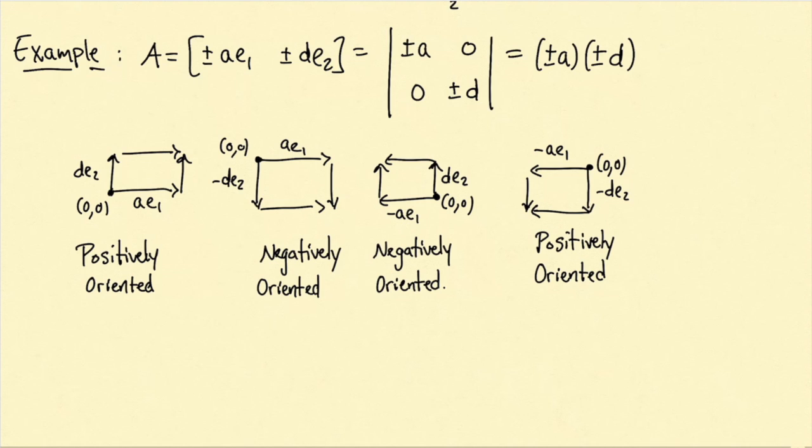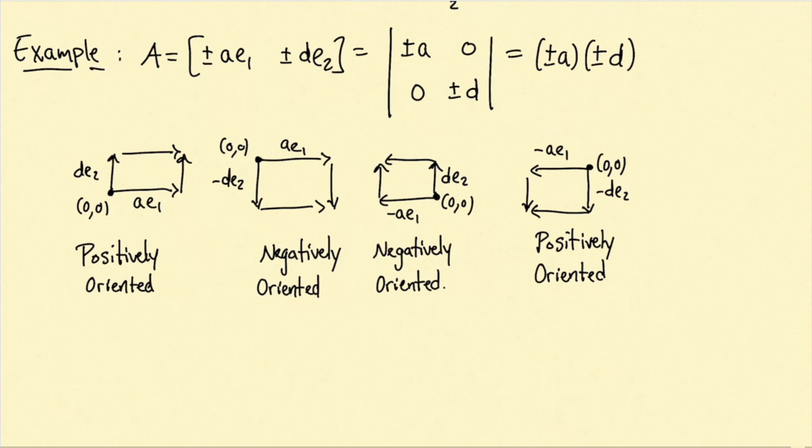There are 4 cases to worry about, which are these 4 rectangles. We can see that the first rectangle and the fourth rectangle are positively oriented because the angle between the vector in the first column and the vector in the second column is less than 180 degrees, while the second and third rectangles are both negatively oriented. All 4 of these rectangles have area AD.